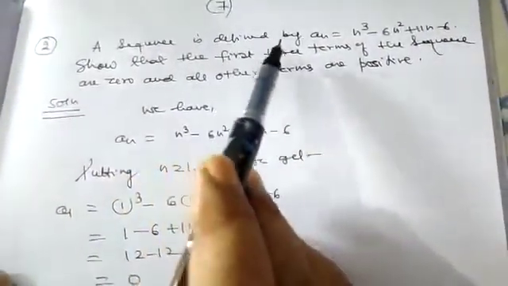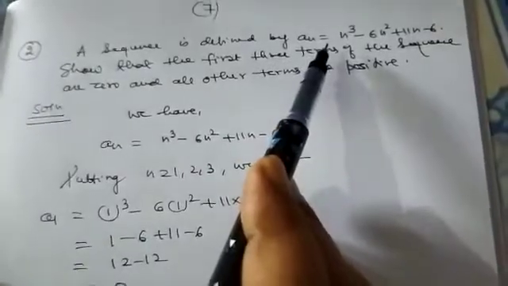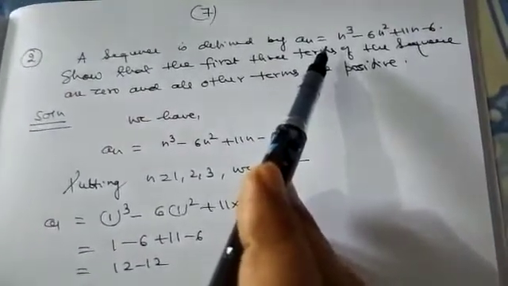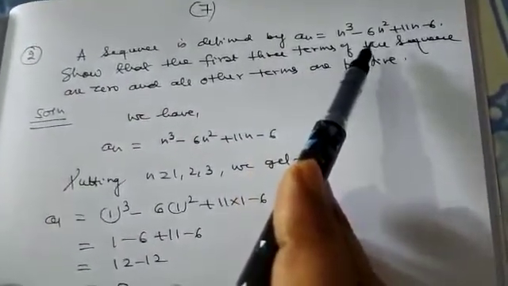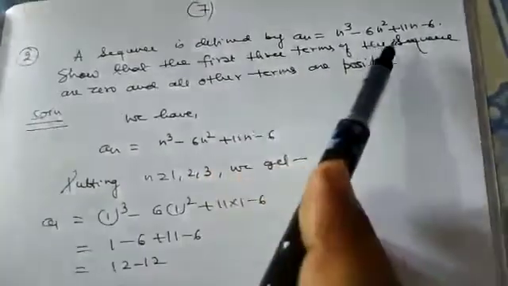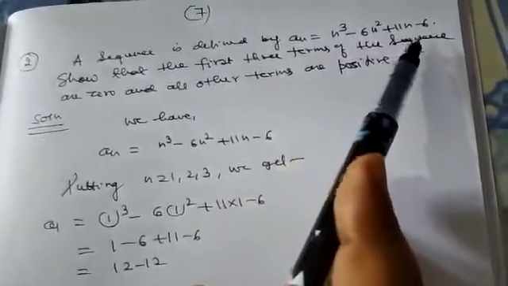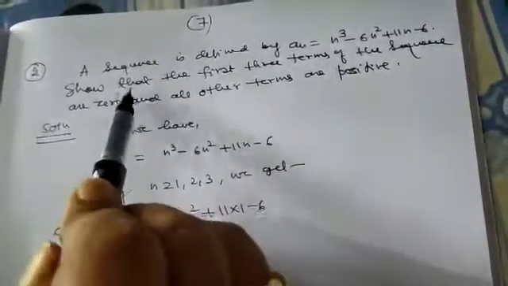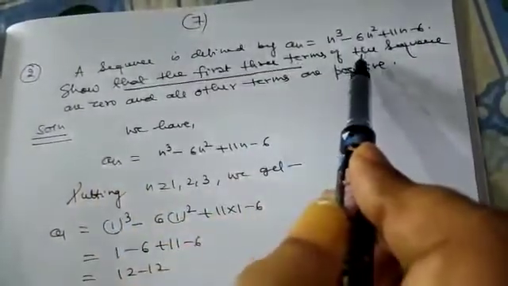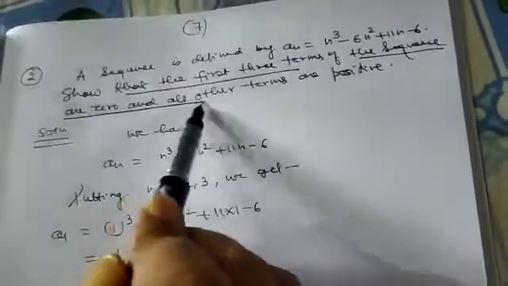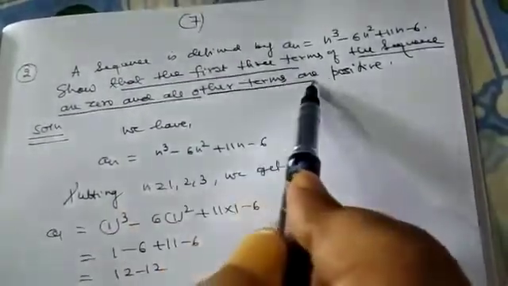So now we want to solve one more problem. This is also very important. Try to understand. A sequence is defined by a cubic expression: an equal to n cube minus 6n square plus 11n minus 6, so that the first three terms of the sequence are 0 and all other terms are positive.